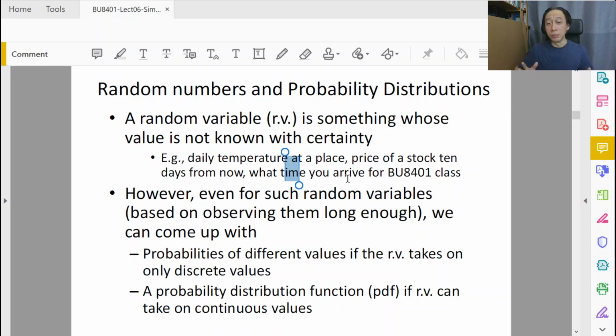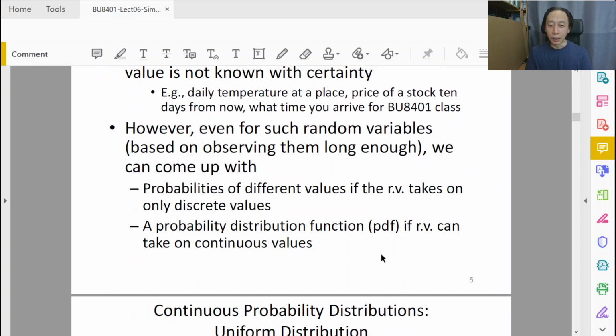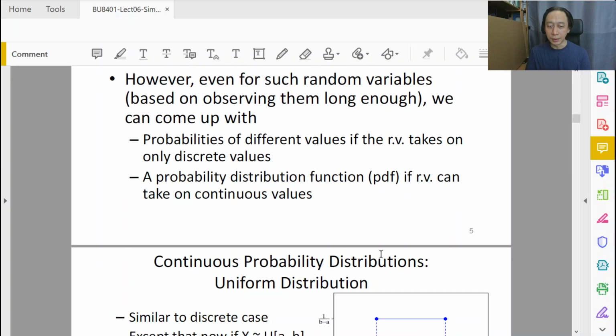So those will be time intervals, right? And they are continuous by nature. So when we have continuous distribution, we talk about the probability distribution function. That's PDF. That's PDF. We'll talk about that a bit more when we come to this example.